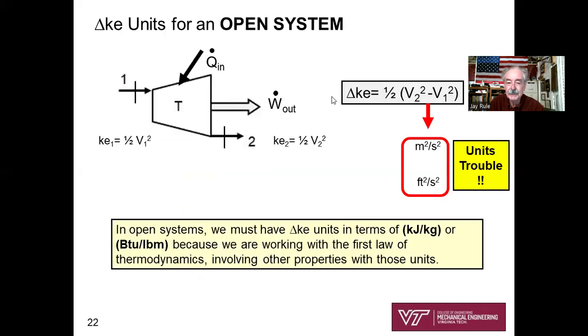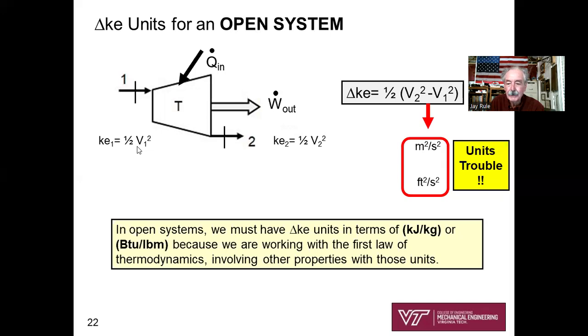What I need to introduce here is an open system. Back to our example, open system, steady state, steady flow, one inlet, one outlet. And let's say the velocity of this gas coming out of this turbine is a high number. It's V2. And what's coming into this turbine has got a velocity of V1.